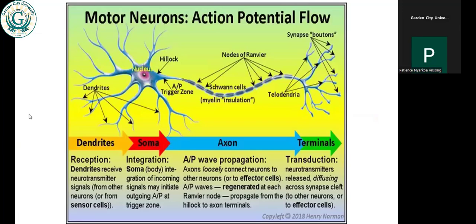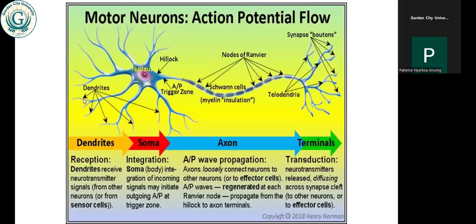Now, when the dendrite, which is the part of the neuron that receives a signal, receives a signal, you have the movement of positive ions into the cell. Then it will change the membrane potential from its resting state to a graded potential.